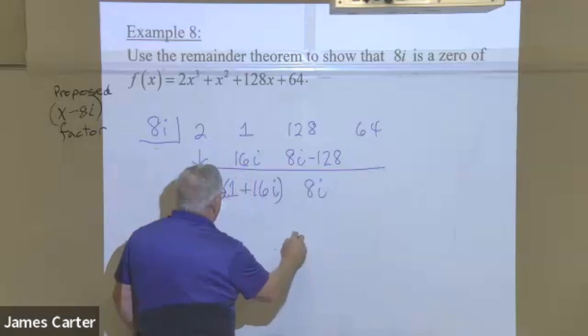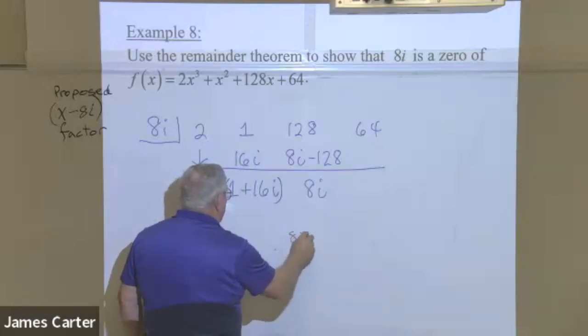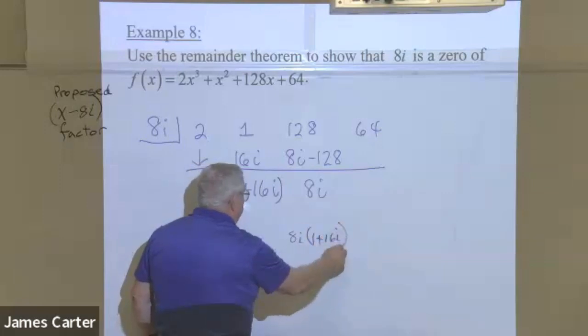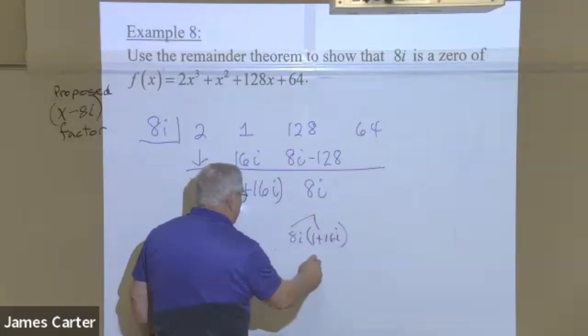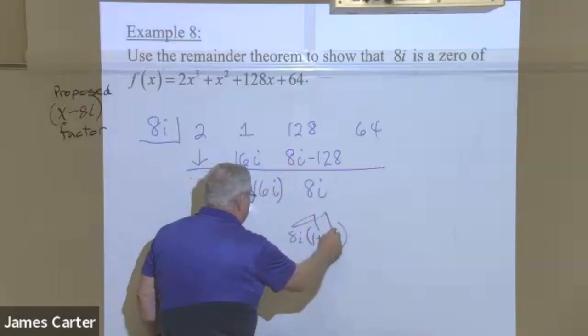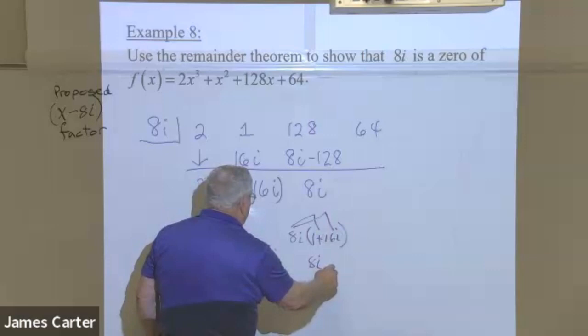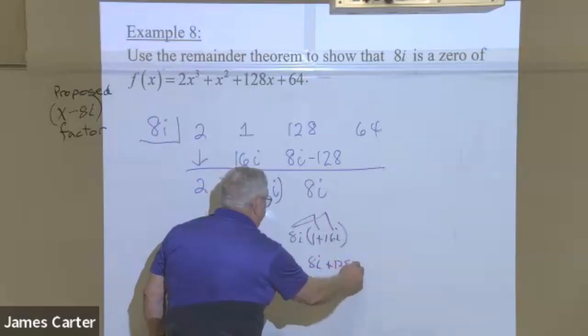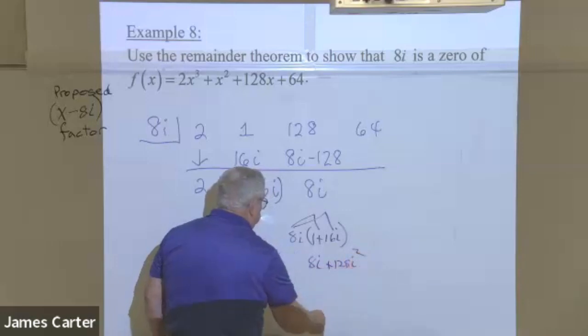The way I get that is I have 8i times 1 plus 16i. I distribute it, I get 8i here. We've already done that. I distribute this, and I happen to get plus 128i squared.